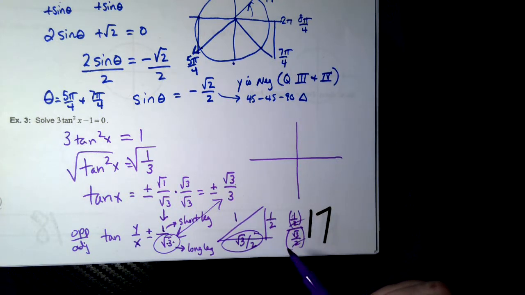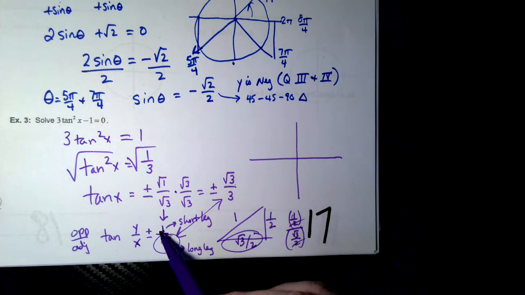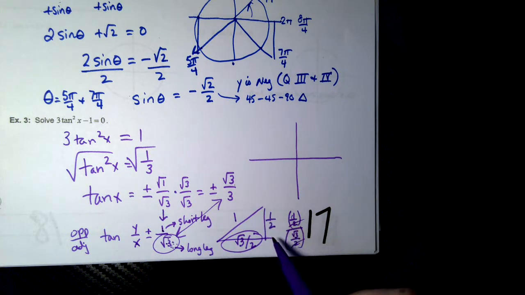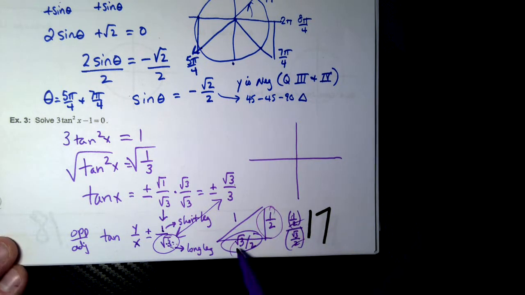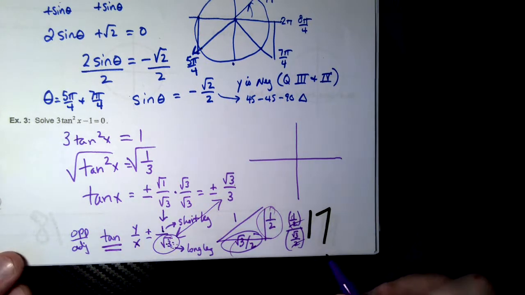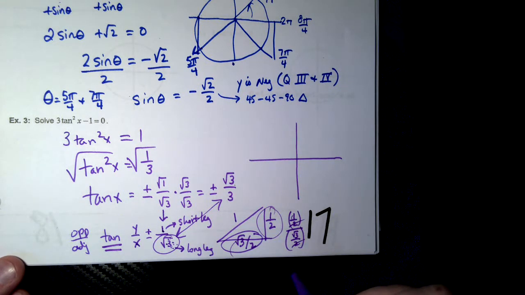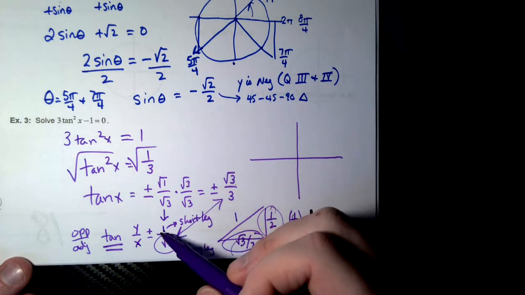Now I'm really talking some simplifying fractions and stuff like that, and it might get confusing, but that square root of 3 is the long leg. That 1 is an indicator of the short leg, because that's going to be a 1/2 and root 3 over 2. It's important to remember with tangents and cotangents, especially. But it's also plus and minus.